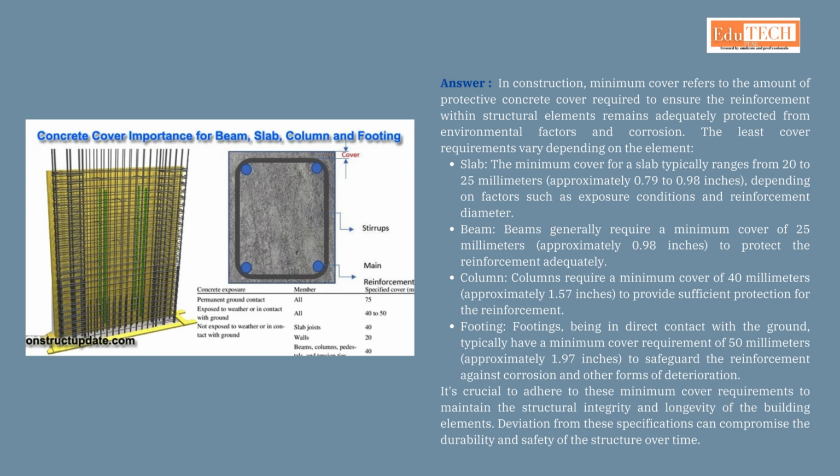Footings, being in direct contact with the ground, typically have a minimum cover requirement of 50 mm, approximately 1.97 inches, to safeguard the reinforcement against corrosion and other forms of deterioration. It's crucial to adhere to these minimum cover requirements to maintain the structural integrity and longevity of the building elements. Deviation from these specifications can compromise the durability and safety of the structure over time.